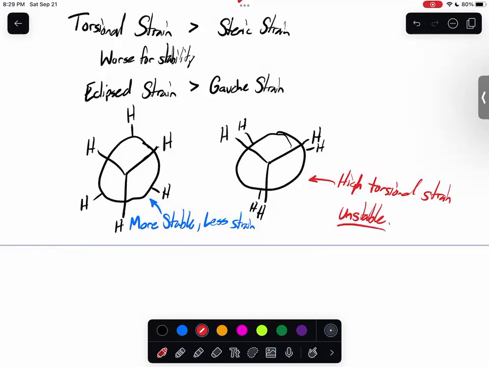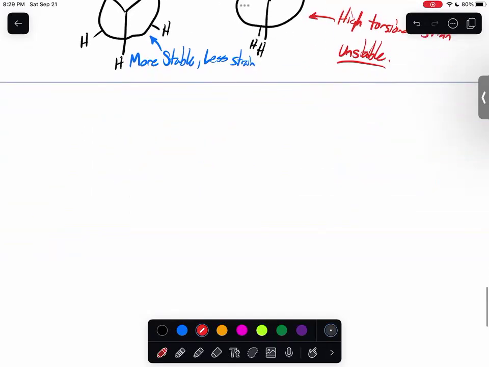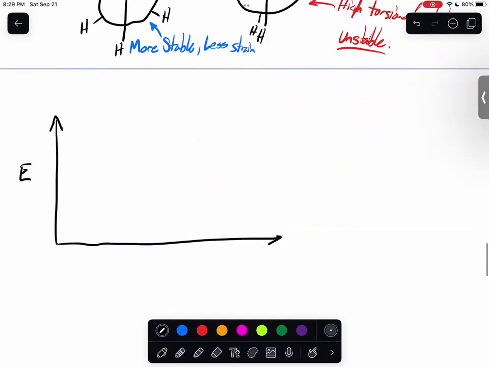And as a matter of fact, we can look at this in terms of energy, and we can look at it in terms of dihedral angle. So we can make this graph, which is dihedral angle on the x-axis and energy on the y, and let's take a look at the dihedral angle between two hydrogens that we choose to look at on our conformations.